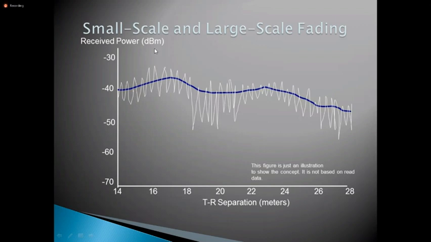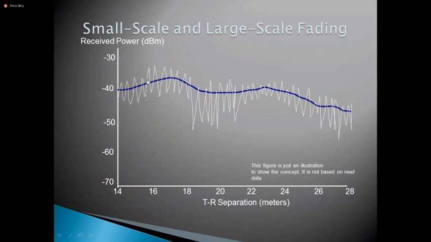Power එක මෙතන dBm වලින් තියෙන්නේ. මුල හරියදී, transmitter receiver separation එක අඩු හරියදී power එක වැඩියි, දුර වැඩි වෙද්දී power එක අඩුයි.